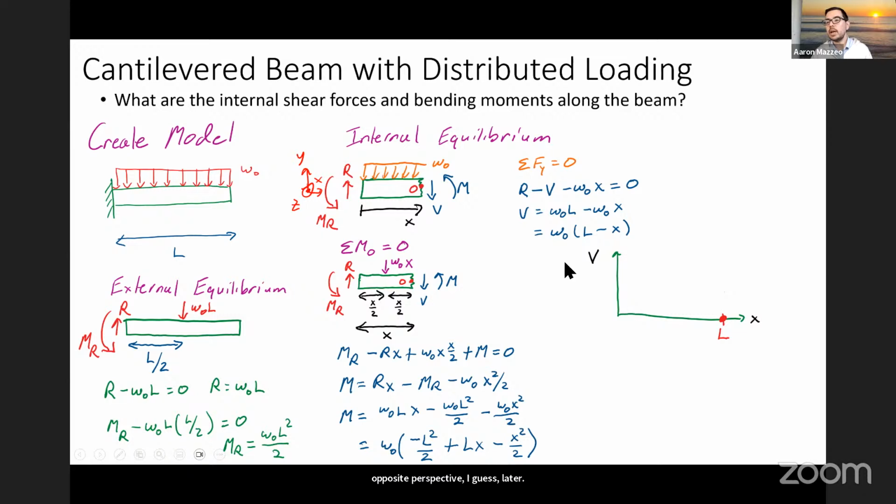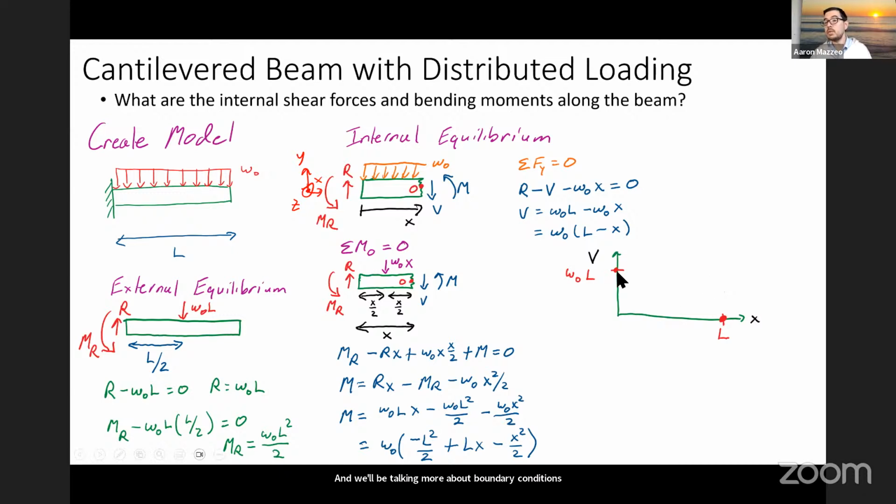So here we have our plot, or our diagram, that we're trying to create for the shear force. We can look at the equation and say, oh, I know that when x is equal to L, I'm going to have 0. And I know when x is equal to 0, it's going to be equal to W naught L. So what you probably want to do is draw those boundary conditions first, and we'll be talking more about boundary conditions today as well.